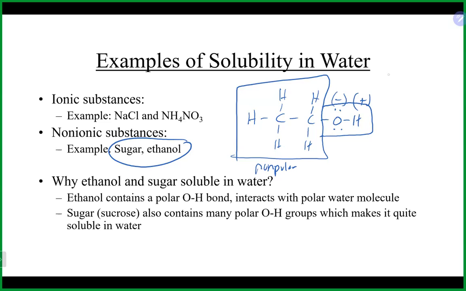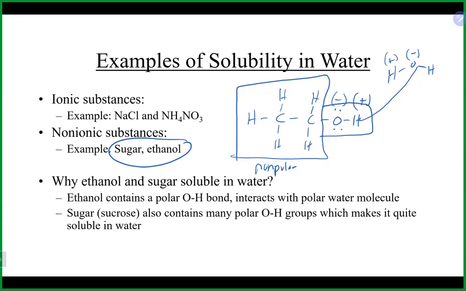So when something like ethanol and water come together, the positive hydrogen of one will be attracted to the negative oxygen of the other, and it's able to hydrogen bond, which makes ethanol really soluble in water, and also methanol, which is something you should have seen in that experiment: those two did mix together because of the ability to hydrogen bond.